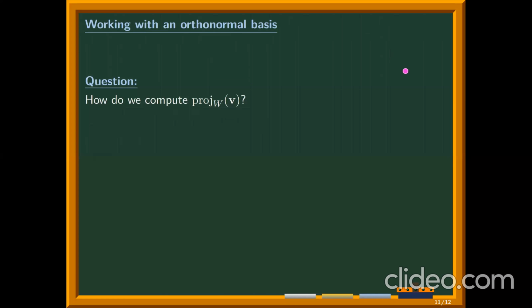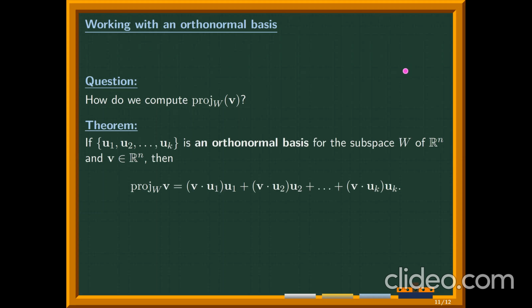So what if W is spanned by two or more vectors? In this case, knowing an orthonormal basis for the subspace will be helpful. In general, if W has orthonormal basis given by vectors u1, u2, up to uk, then the projection of a vector v on the subspace W can be obtained using this formula.